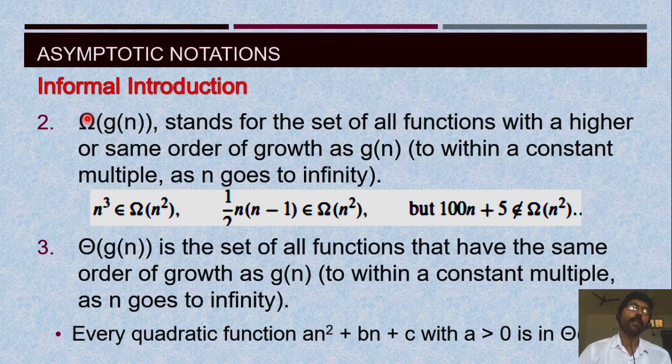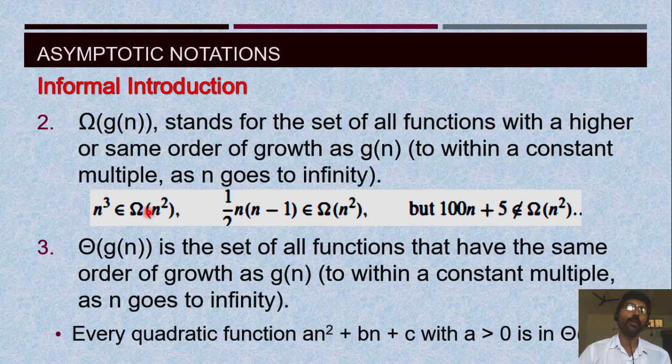Now, what is the meaning of big omega notation? Big omega of g of n stands for the set of all functions with a higher or same order of growth as g of n. Here also you multiply with some constant value, and n should go to infinity. Big omega means our algorithm takes more running time than the assumed algorithm's running time.